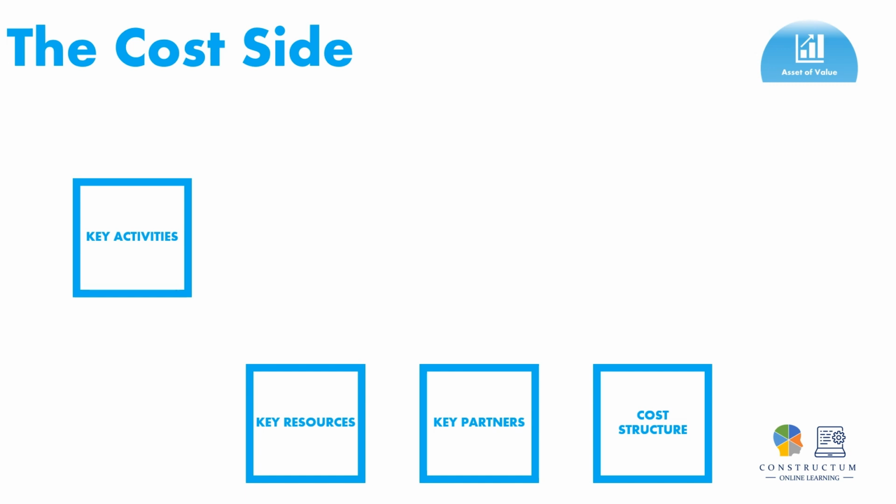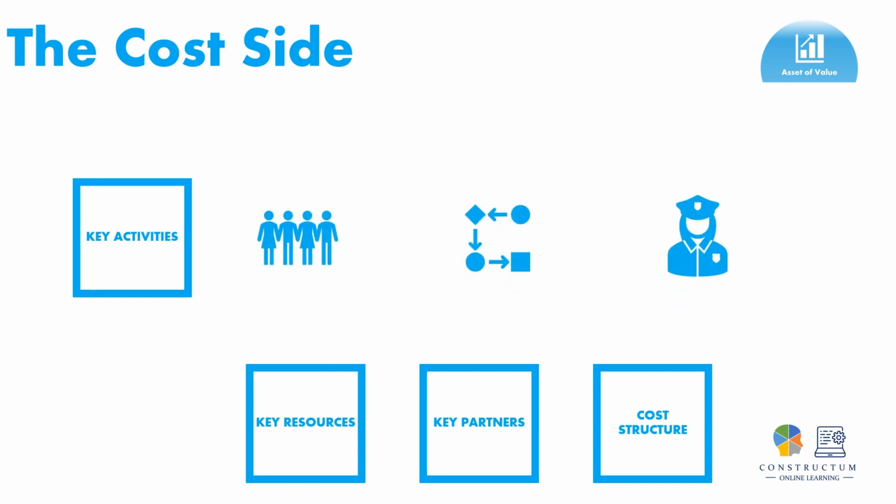A business, in simple terms, may be thought of as an organization or system of people, processes, and policies. People with the right skills to do the work. Processes, perfected methods of producing products or delivering services. And policies, the rules that govern people's behavior within the business.